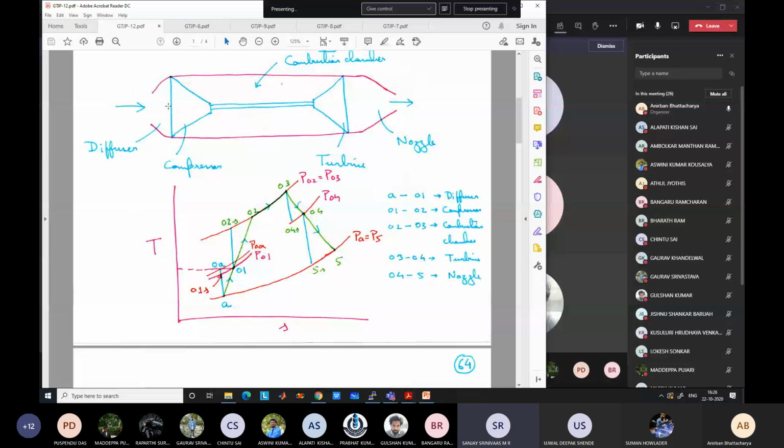Correct. Because what is the relation in an isentropic process? T2 by T1 is equal to P2 by P1 to the power gamma minus 1 by gamma. So now at the initial point stagnation temperature is T0A, and at the final point of the diffuser also stagnation temperature is T0A.